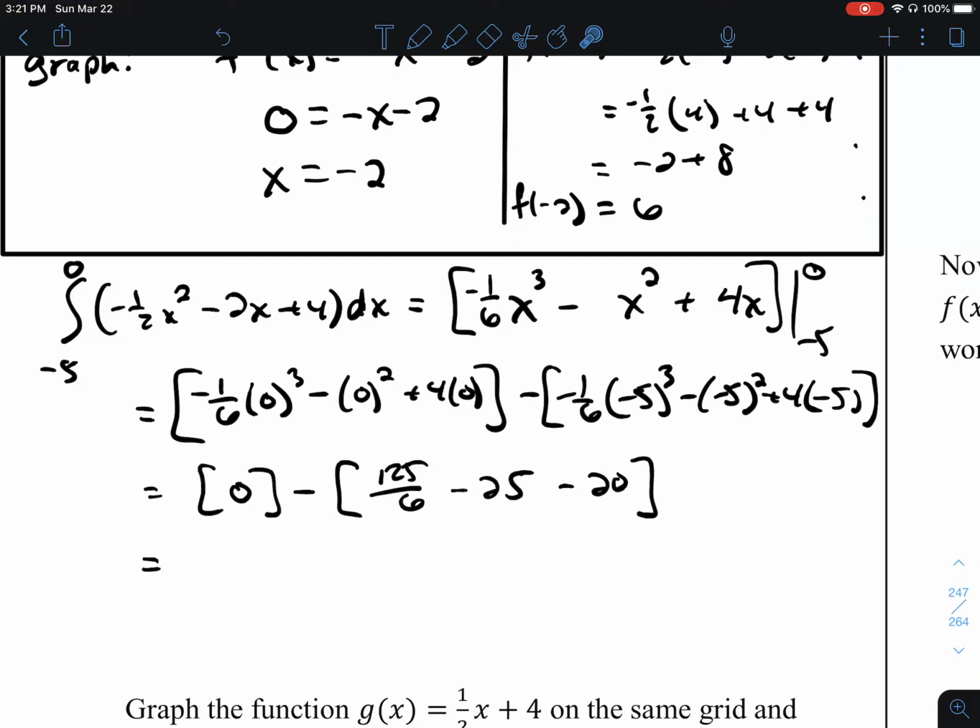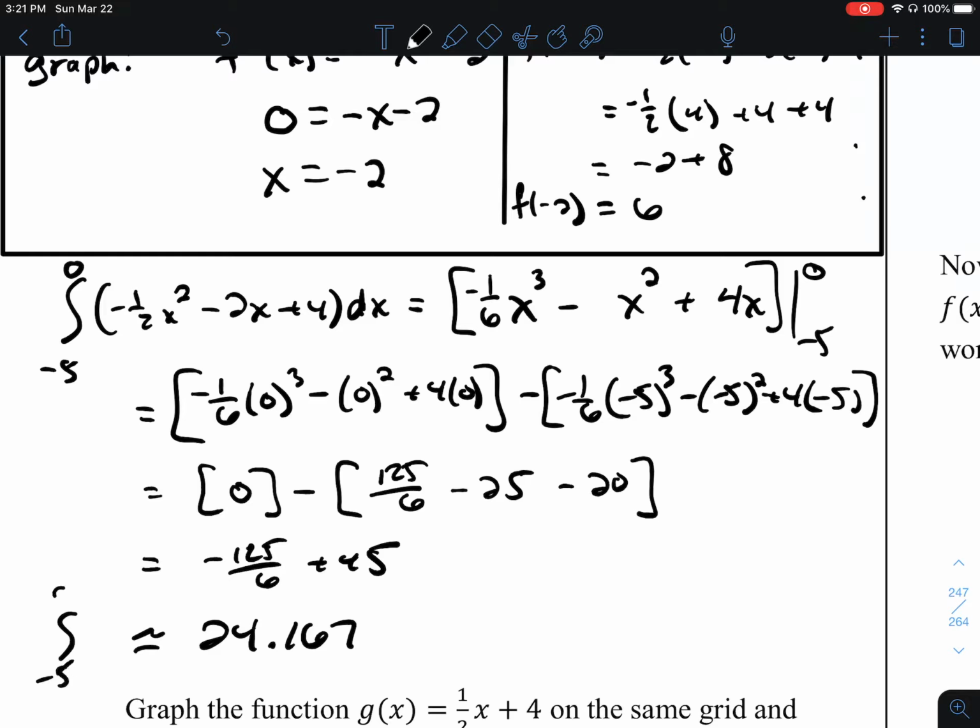If I distribute this minus, keep in mind a -25 and a -20 is a -45. If I distribute the minus, I get -125 over 6 plus 45. This was a non-calculator problem, I'd leave it like that and do nothing else. But for a calculator problem, I might throw it into my calculator, round to 3 decimal places, and get 24.167.